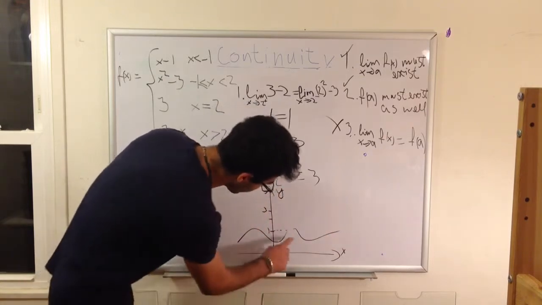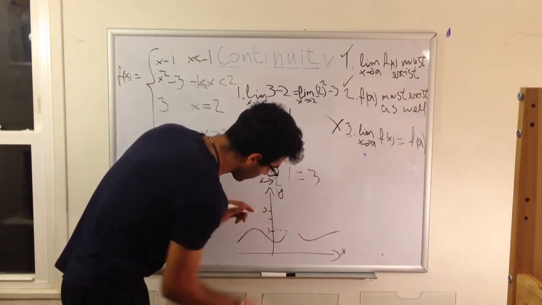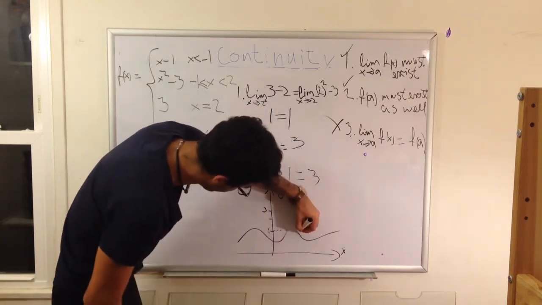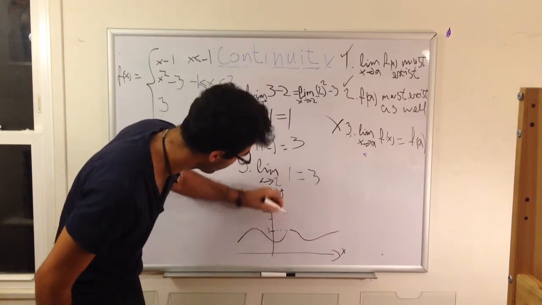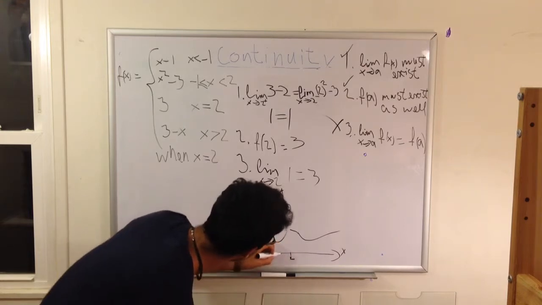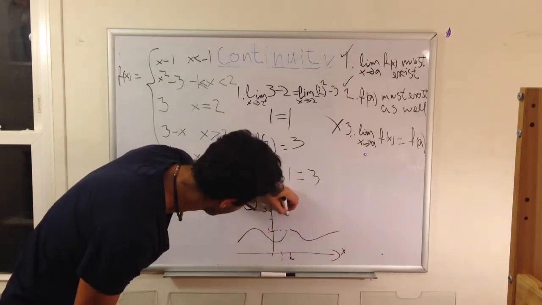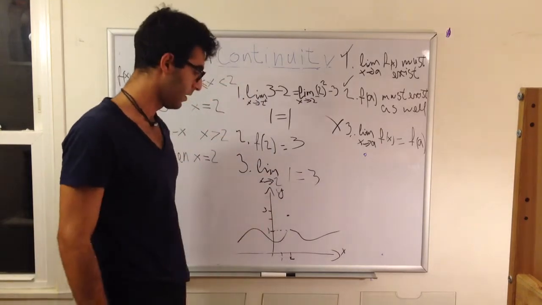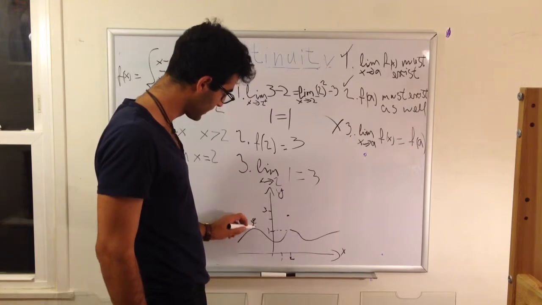This is a very big gap though, so let's make this gap a bit smaller. Here's a little gap, and at this gap we have 2. 1 and 2, and here we have another point. This is our 3.